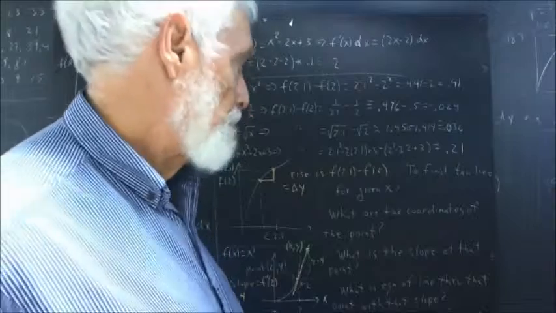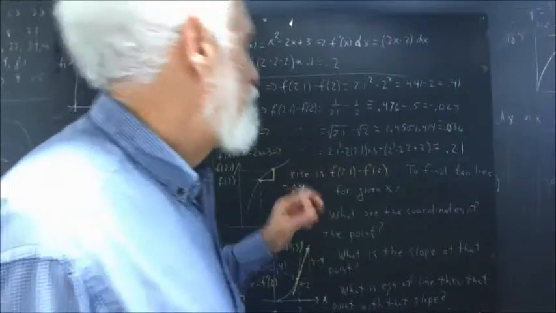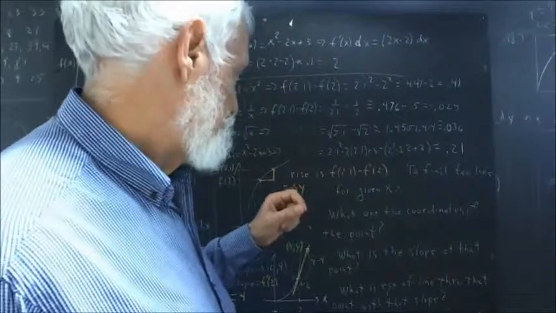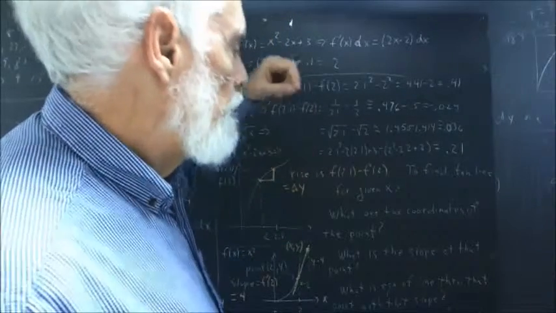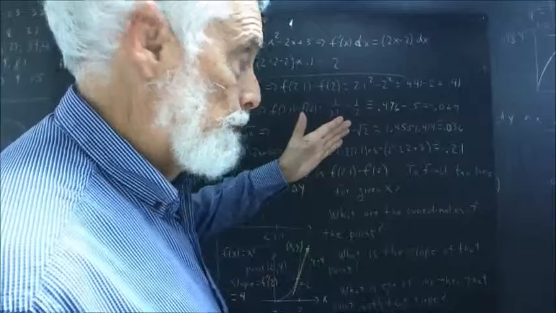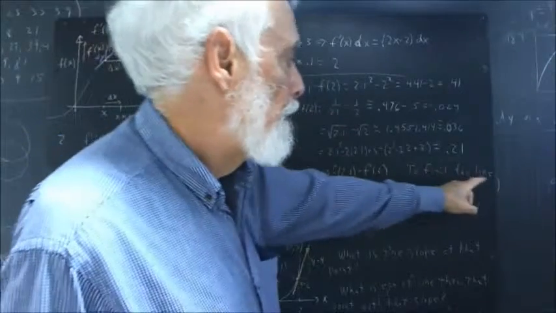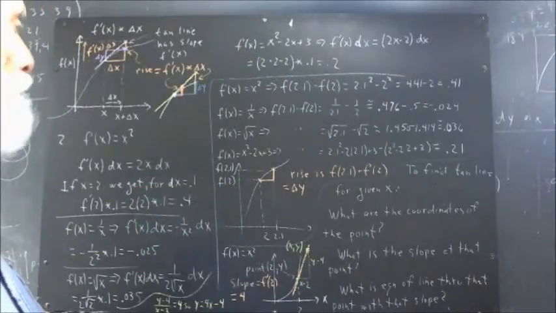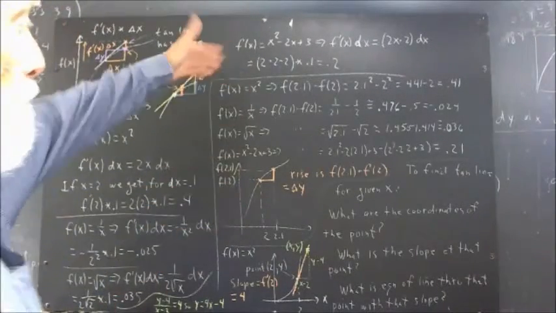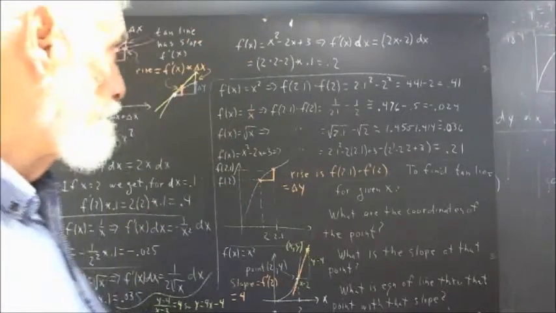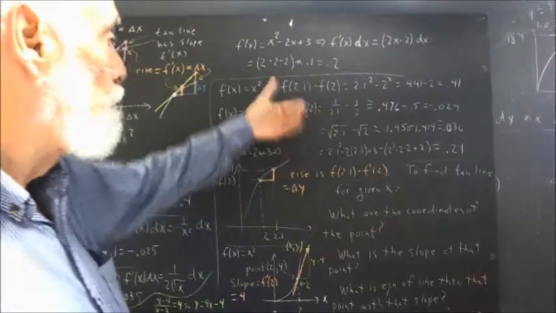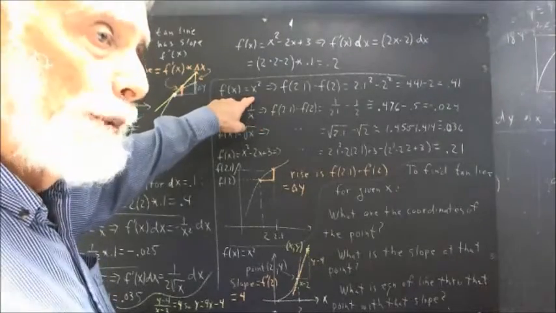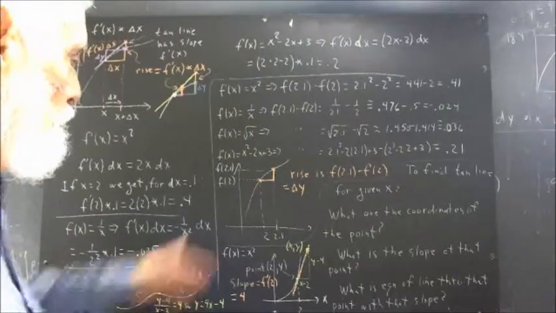It's essential to be able to find the equation of a line given a point on the line and its slope. Well, to find the tangent line, we will have a point on the line. For example, for the f of x equals x squared function, the tangent line will pass through the point 2, 4, because 2 squared is 4. We have the point 2, 4.